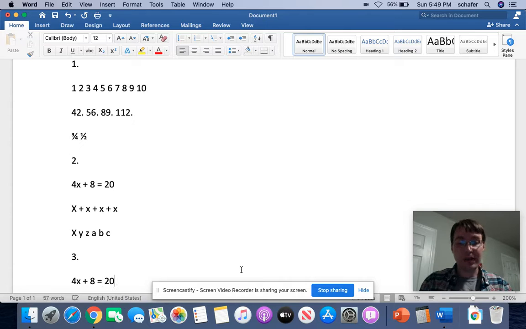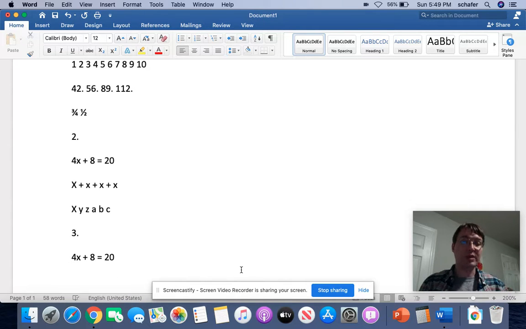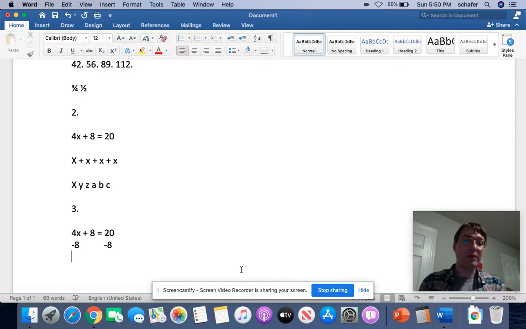I want to find the answer. What does equal 20? 4 times what plus 8 equals 20? And if you remember some of your multi-step equations, what we need to do is we need to try to get this x by itself. And if we do, we'll have the answer to our problem.